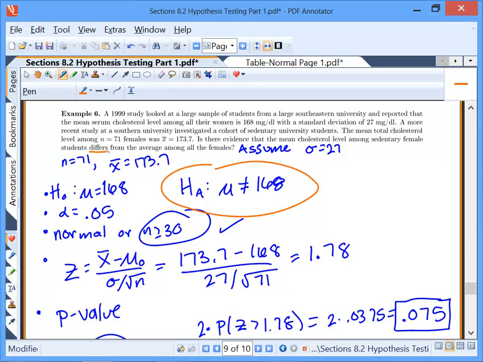That's really what he wants to know. So he wants to know, did you find evidence that the mean is different, or did you not find evidence that the mean is different? So in this case, what do you have? Okay, did we find evidence that it's different or not evidence that it's different?